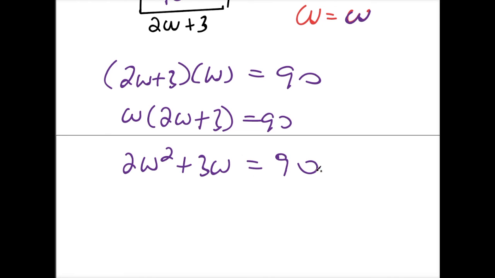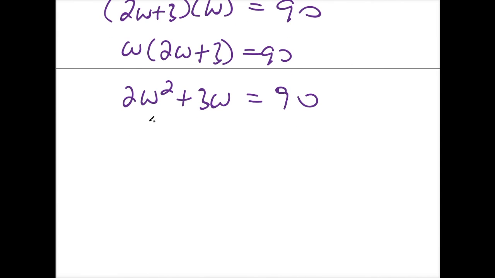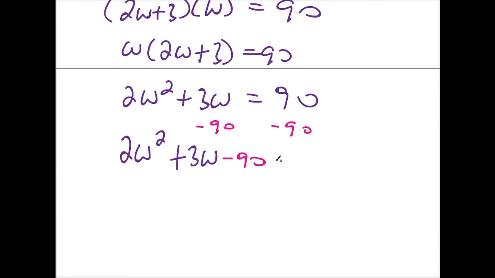Bring the 90 over. Please learn from me: 2W squared plus 3W minus 90. Oh, and show your work too. Don't jump past the minus 90. Show the minus 90, because you might mistake it and put plus 90. If you show the minus 90, A, you won't make the mistake, and B, you'll get credit for showing your work.